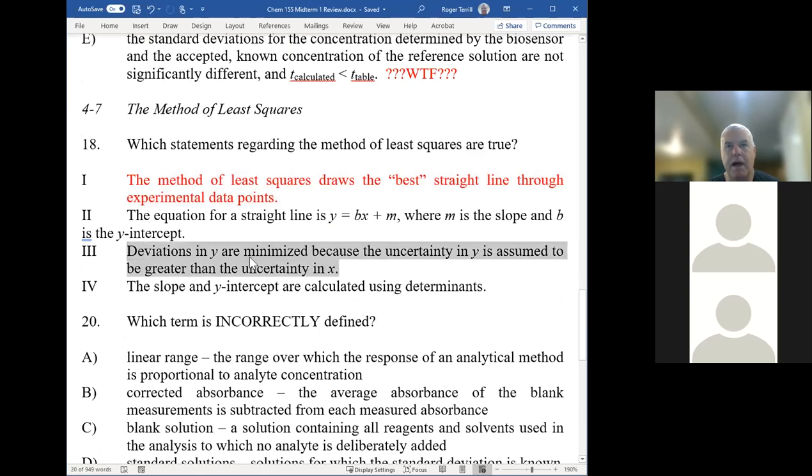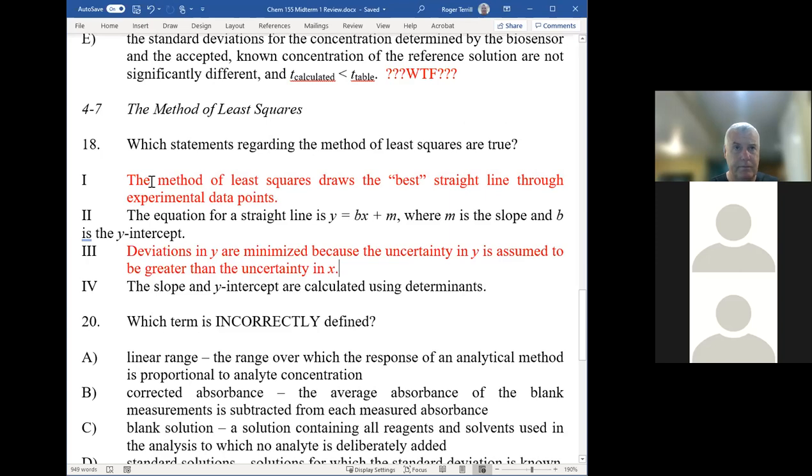Deviations in y are minimized because uncertainty in y is assumed to be greater than certainty in x. Yes, this is true. Actually, I rarely emphasize this, but you always calculate uncertainty as a function of y. The slope and y-intercept are calculated using determinants. They're not using determinants anymore.